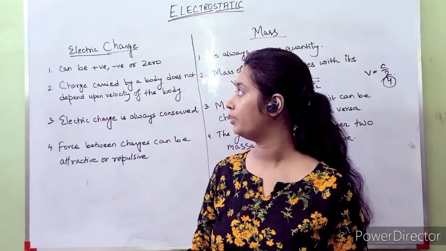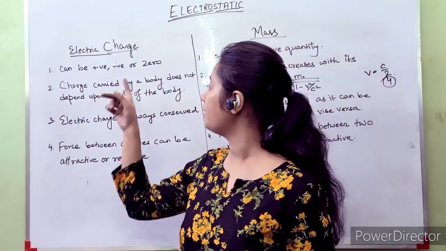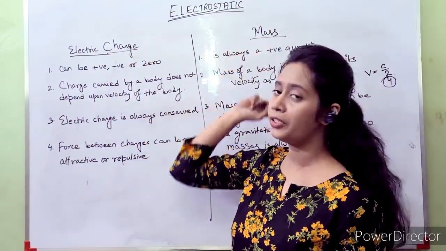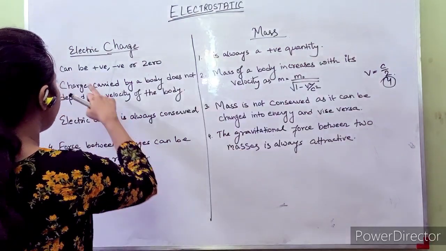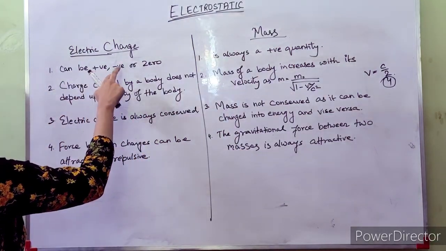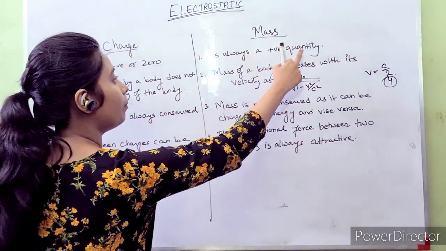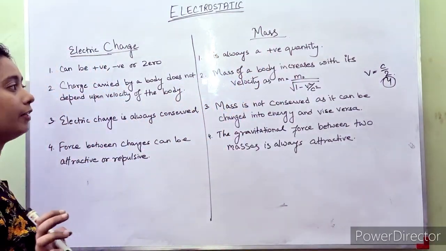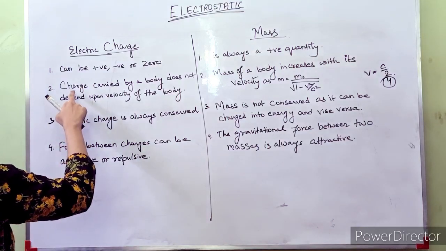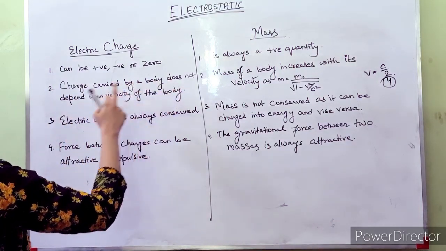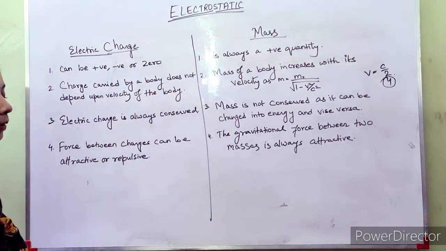The last portion that we are left with is the difference between electric charge and mass. Electric charge can be positive, negative or zero. But mass is always a positive quantity. Mass can never be negative. Charge carried by a body does not depend upon the velocity of the body.